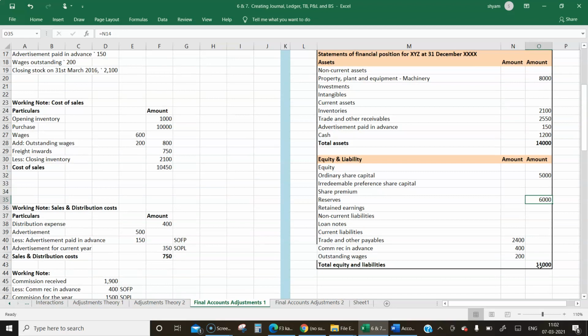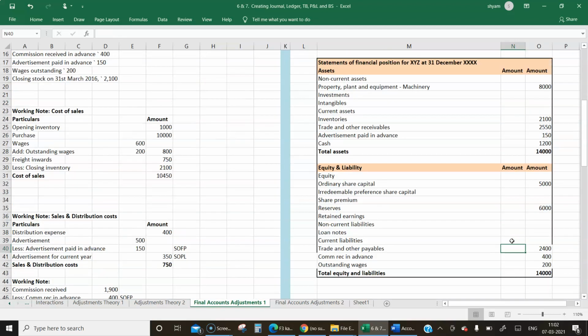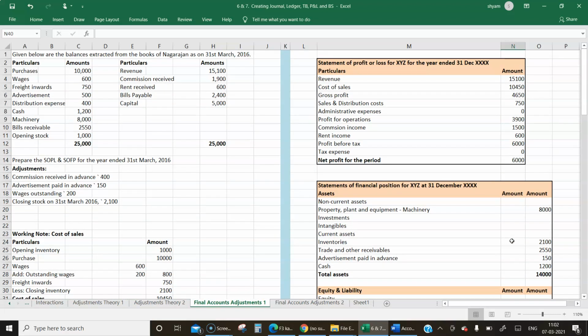So anything else that we have to consider? We can show all these current liabilities in the outside column itself, and we see the balance sheet tallies. Okay. So that's it. So our concept is very simple here. Show all the trial balance items only once in the SOPL and SOFP, and all the adjustments twice, both in SOPL and in SOFP.